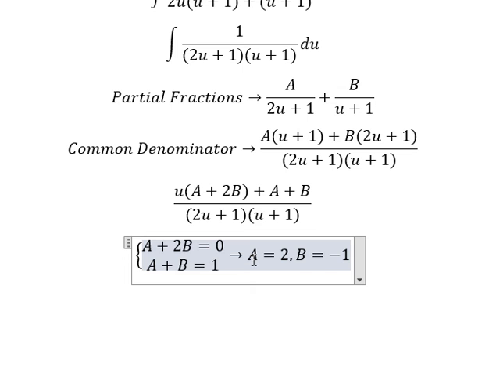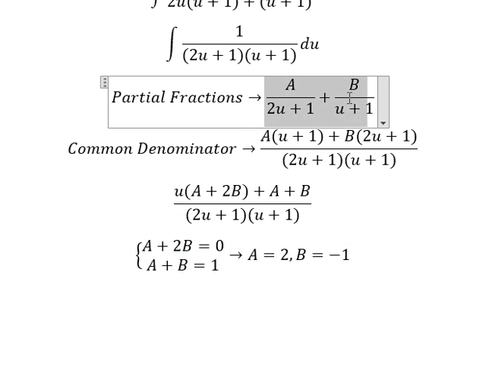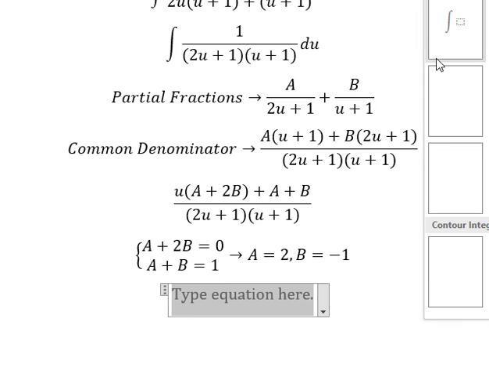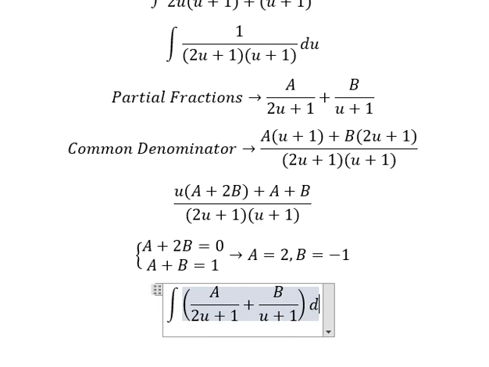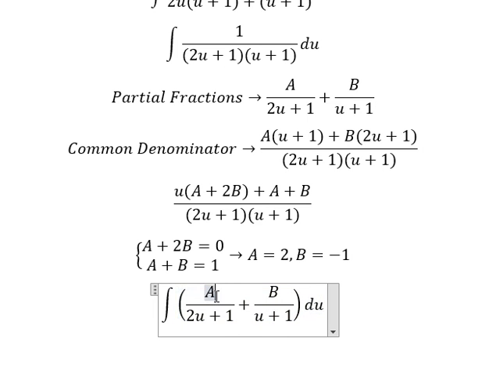So I will put A and B back here. So A is 2, B is negative 1.